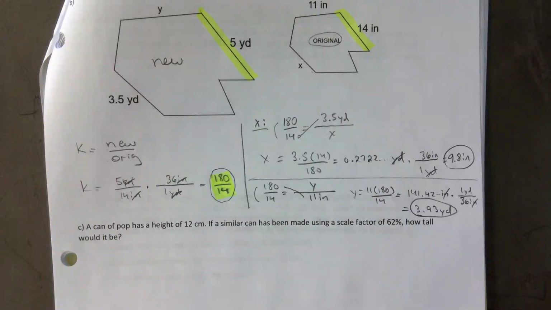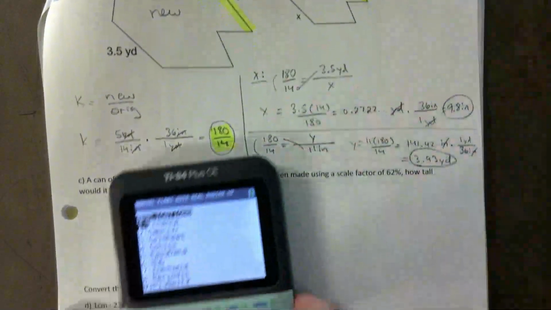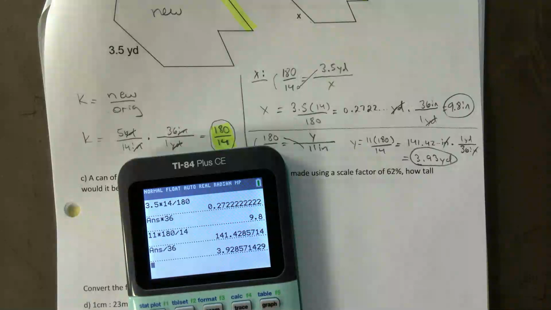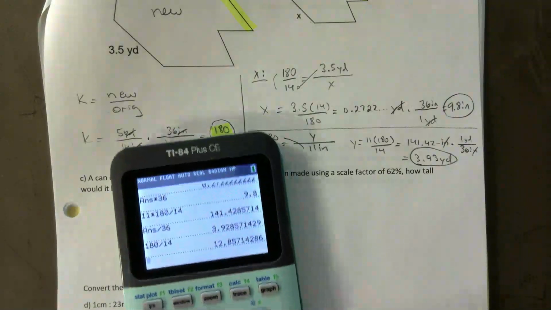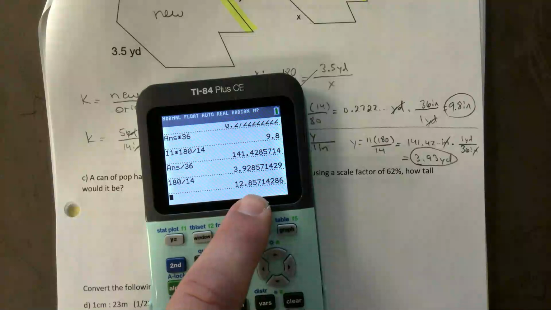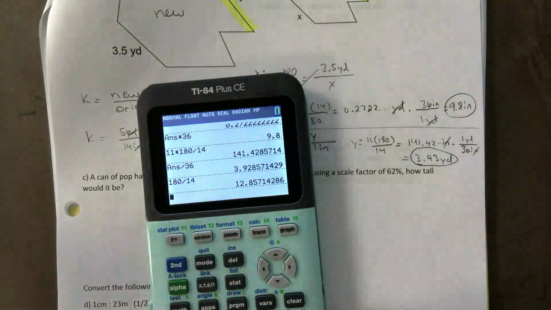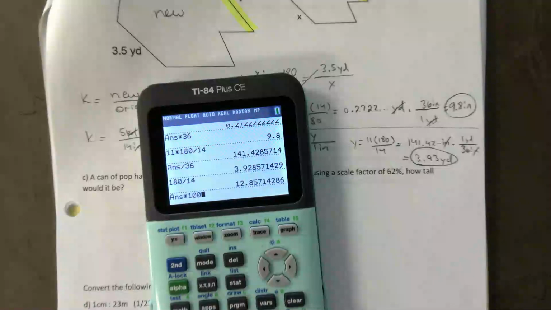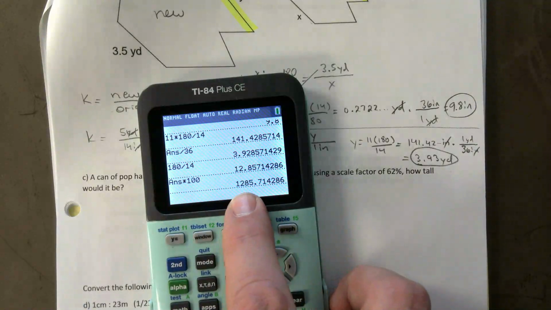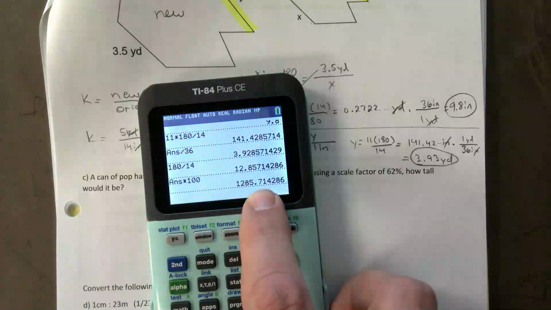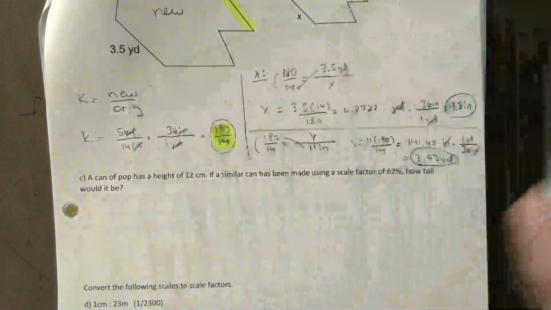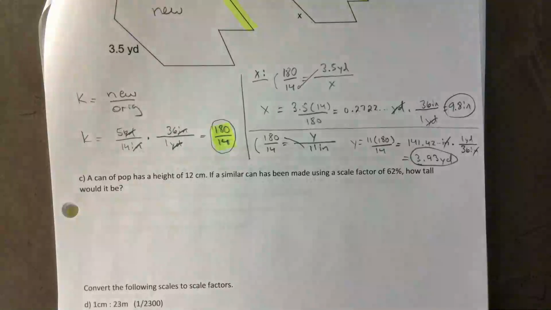Sure, you can divide. I don't mind you still doing that, right? 180 divided by 14. The scale factor is 12.86 if I asked you to state it as a decimal. If I asked you to state this as a percentage, it's 1285.71 percent. Okay, so that stays the same.